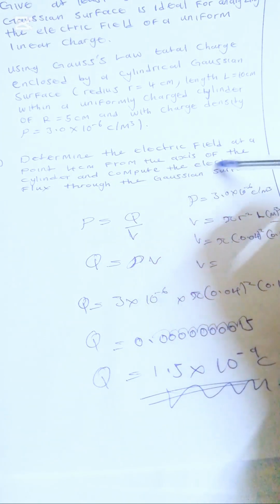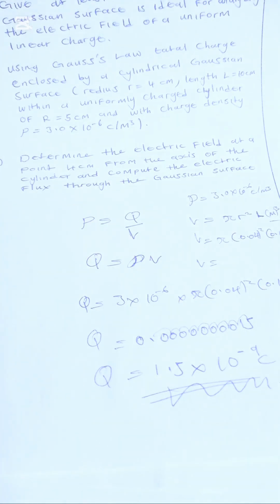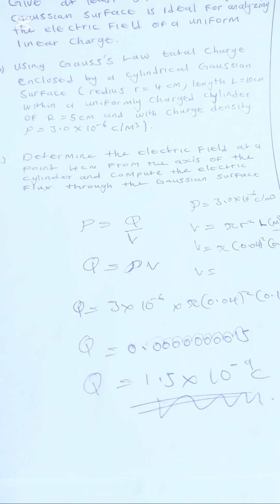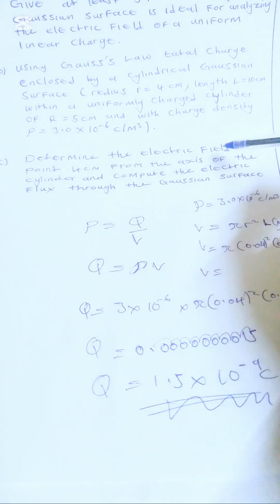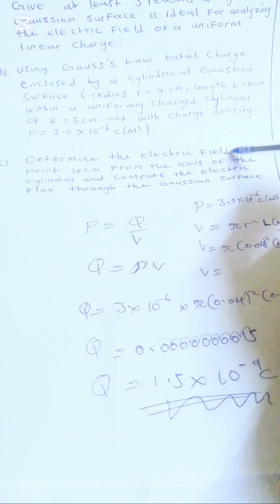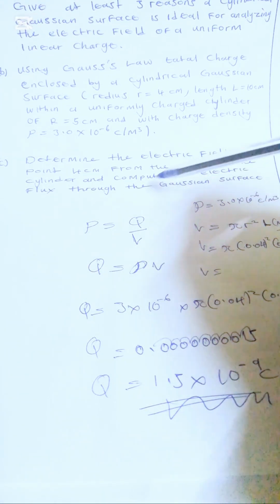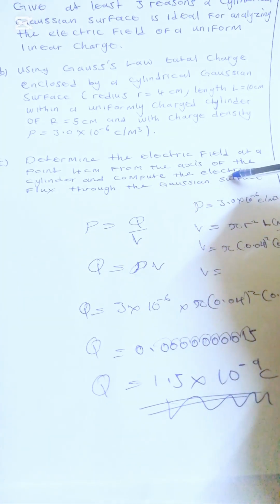Then we compute the electric flux through a Gaussian surface. So basically we have two questions. The first one, we have to find the electric field, then we compute the electric flux.